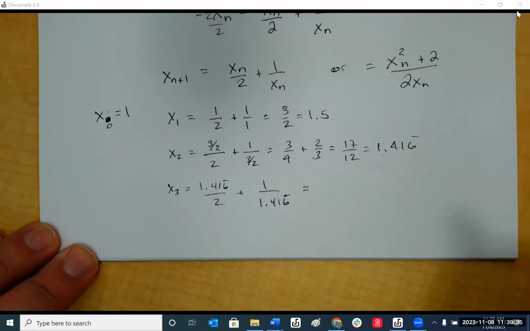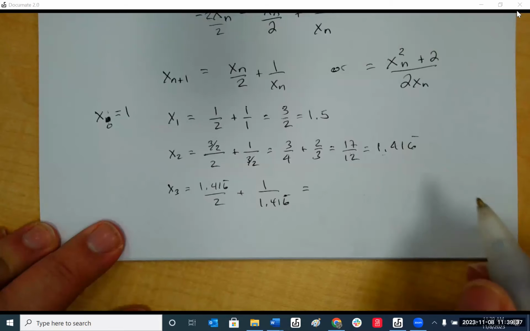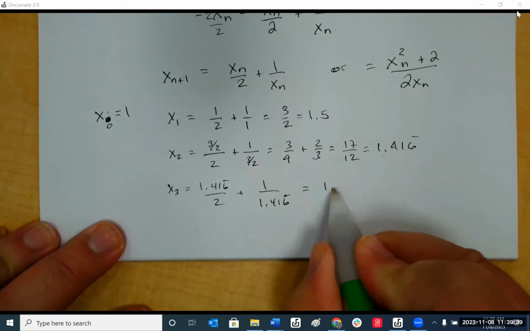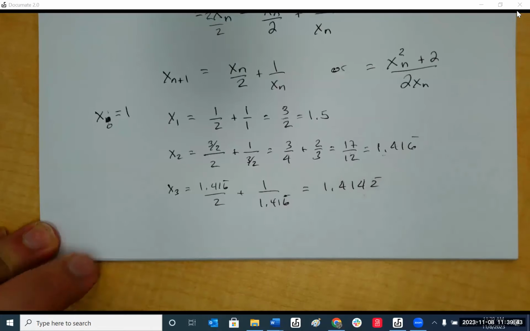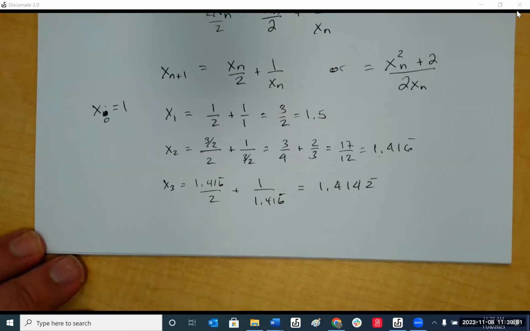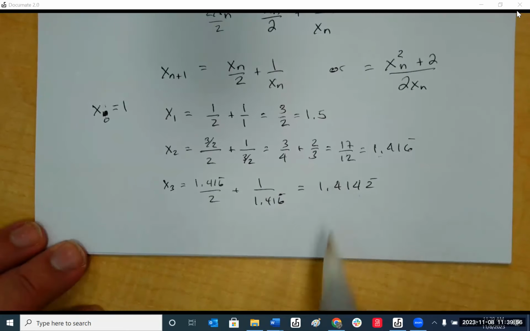And this one I have here somewhere, 1.4142222222. Around there. So we keep on doing that.